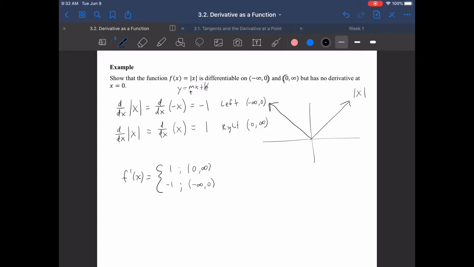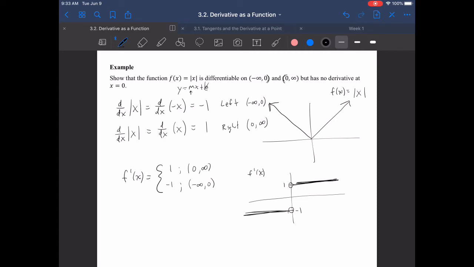If we graph out f prime of x, this one was f of x. In this f prime of x, we have an open circle at 1, and then -1, open circle, and we have this going this way. We don't actually have anything at 0, therefore we have no derivative at x equals 0.